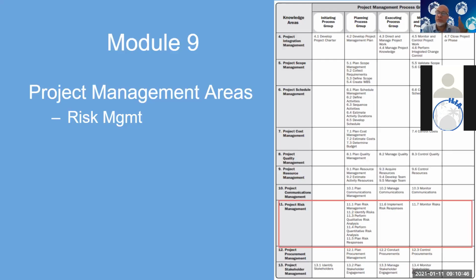As you can see, under the planning process group, there are about five processes. The first one, plan risk management, is basically a document that explains the approach, what is a risk, all these things we just mentioned. The second process is called identify risks. How are you going to identify a risk? Typically what people do is they sit down in a room and brainstorm with sticky notes what could go wrong.